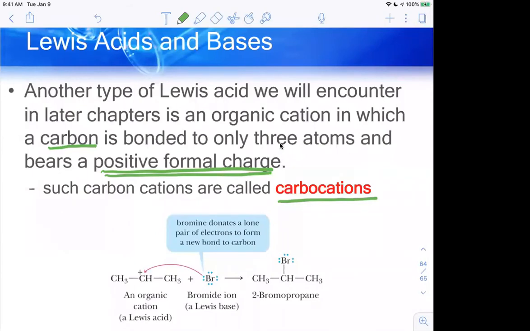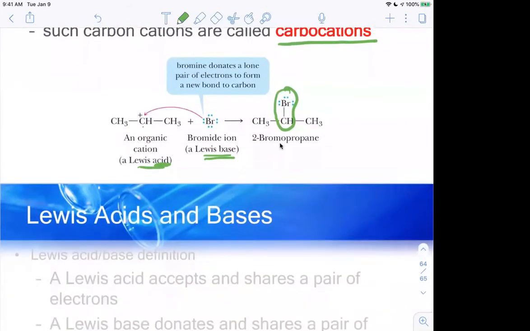So it's looking to act as a Lewis acid, and then my Lewis base is going to donate a lone pair in order to form the new bond here. This is my Lewis acid because it wants a lone pair in order to fulfill its octet.